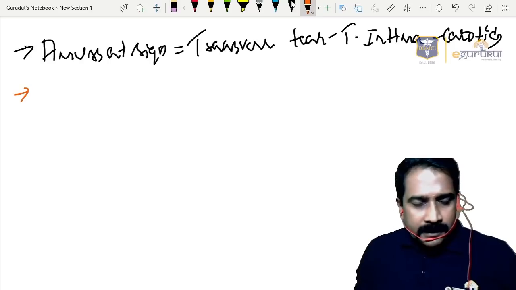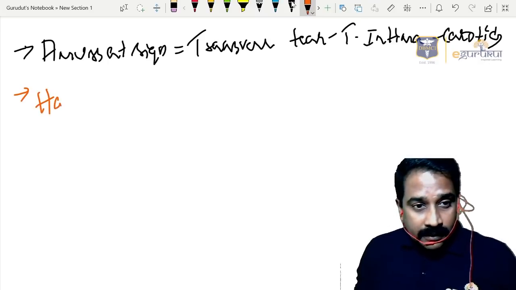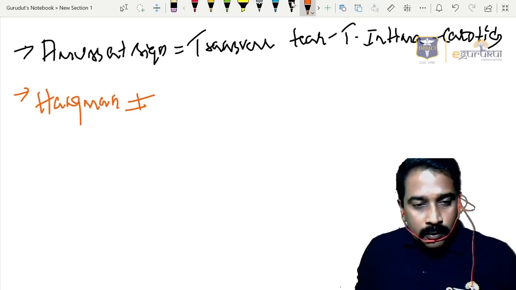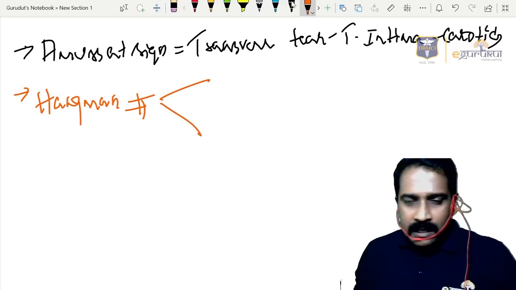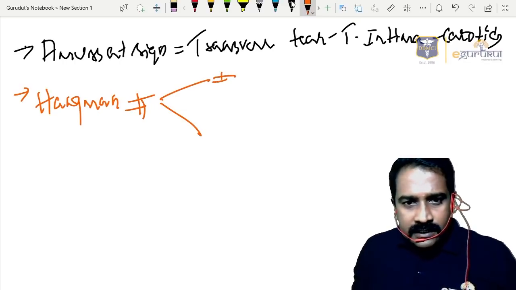Another frequently asked question is hangman's fracture. Two fractures, in fact, are called hangman fracture. One, fracture dislocation at the level of C2, C3.